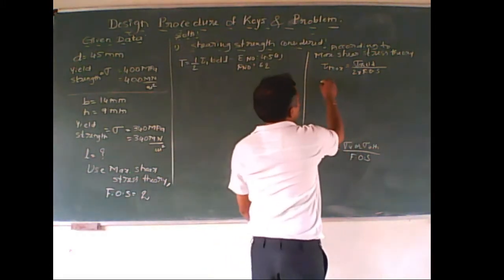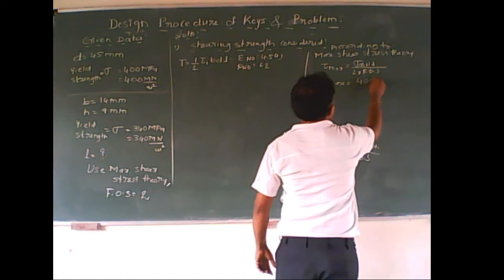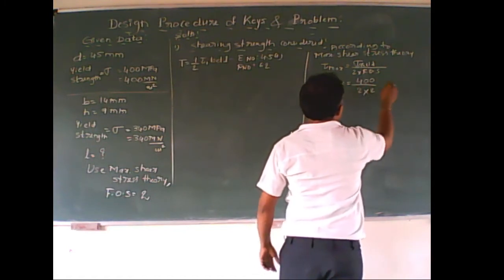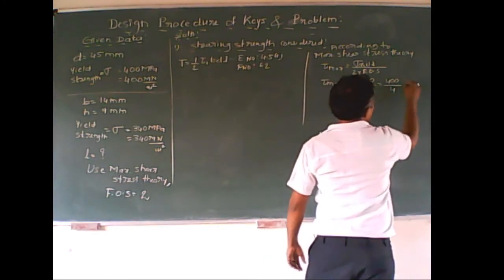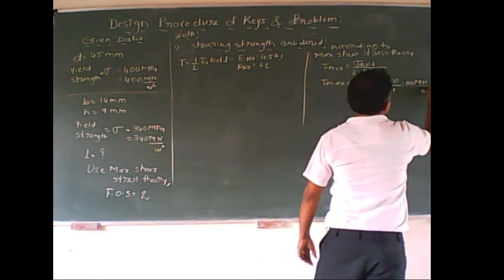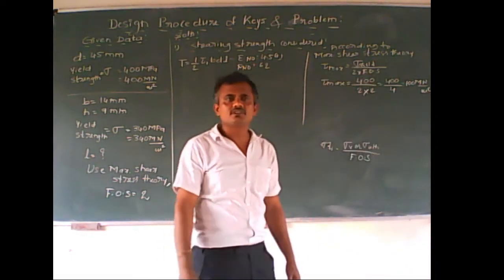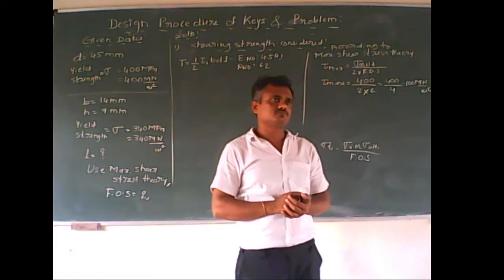That is tau max is equal to 400 divided by 2 into factor of safety, which is 2. How much are we getting? 400 divided by 4, which is equal to 100 mega Newton per meter square. This I can use for determining the torque value.